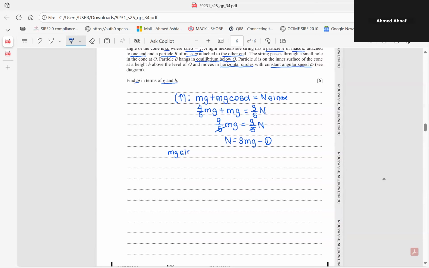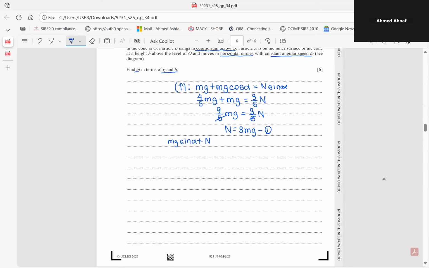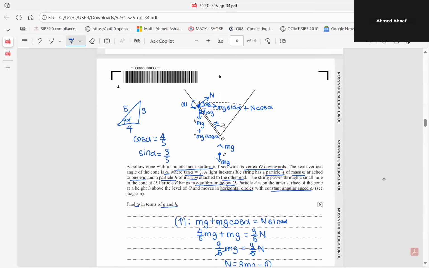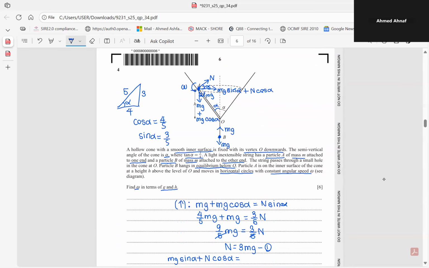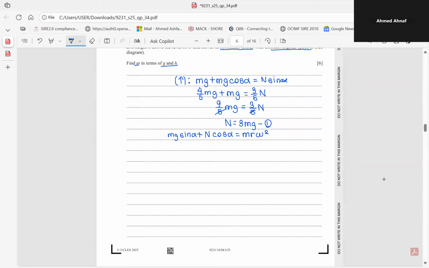So mg sine alpha plus N cosine alpha would be equal to, since we're given the angular speed, F equals MA, and for A we substitute r omega squared. So you get F equals m r omega squared.